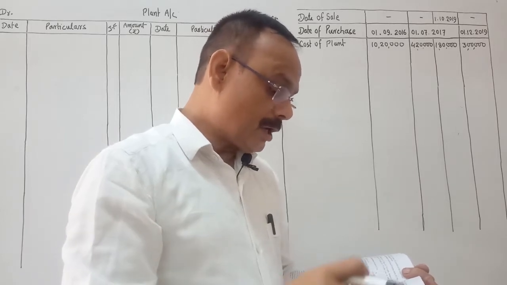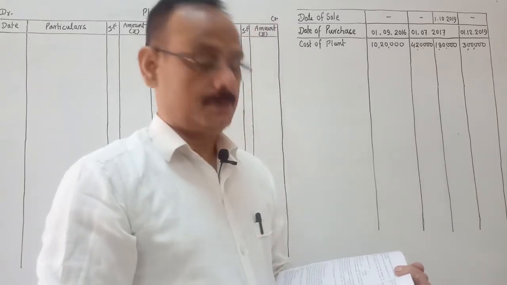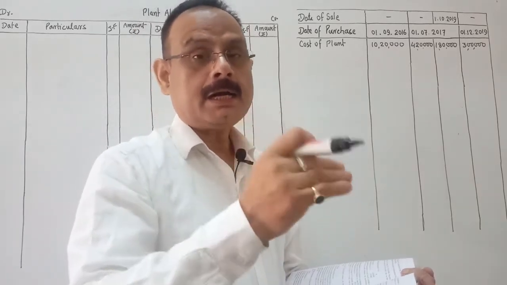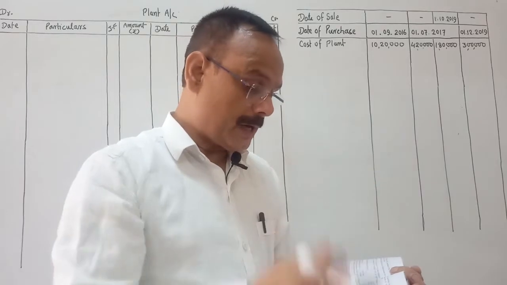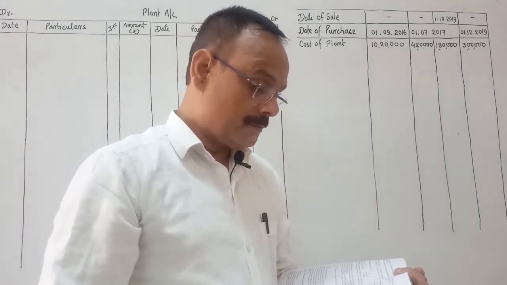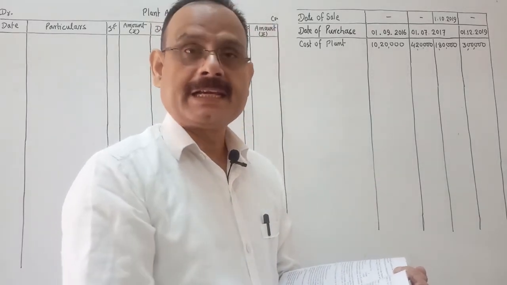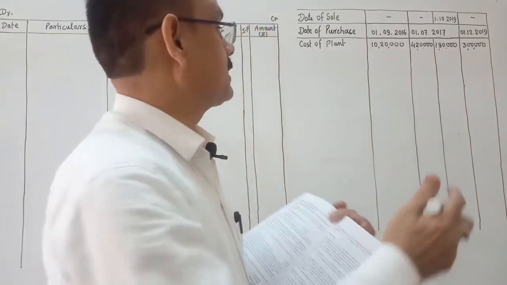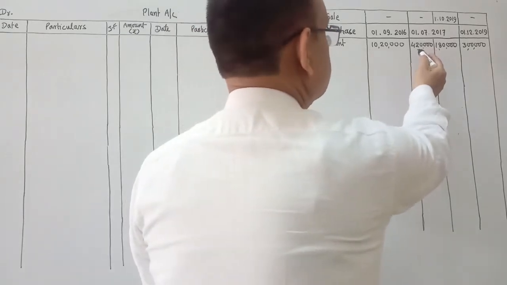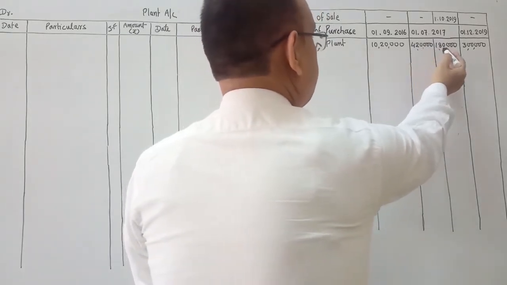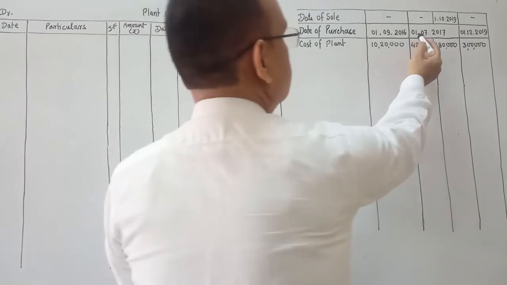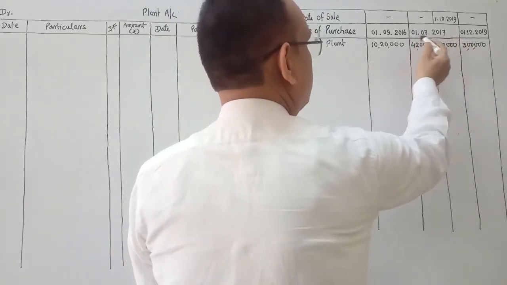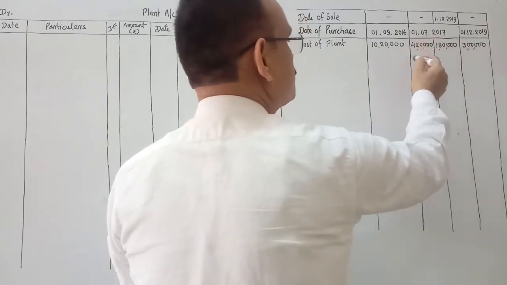On 1st July 2017, another plant was purchased for rupees 6 lakhs. Out of this 6 lakhs, part of the plant was sold on 1st October 2019 for rupees 1,80,000. So I have divided 6 lakhs into two parts.